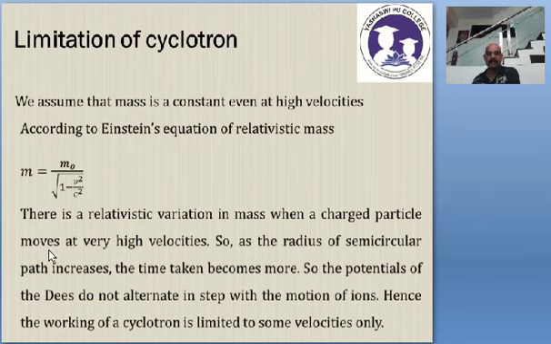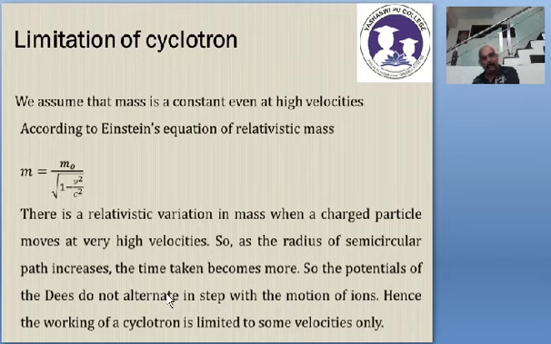When a charged particle moves at very high velocities, the radius of the semicircular path increases. High velocity, radius increases, and the time taken becomes more. So the potential of the dees does not alternate in step with the motion of the ions. Hence the working of the cyclotron is limited to some velocities only. What we said earlier, that the time taken is independent of radius and velocity, holds only when the mass is constant.